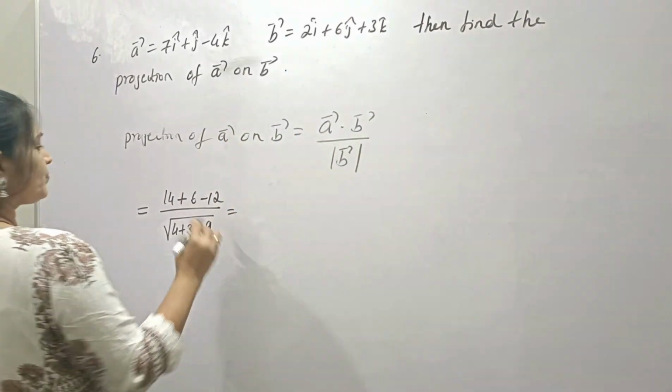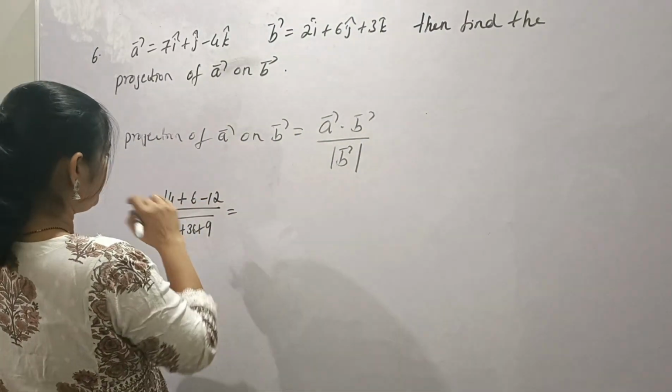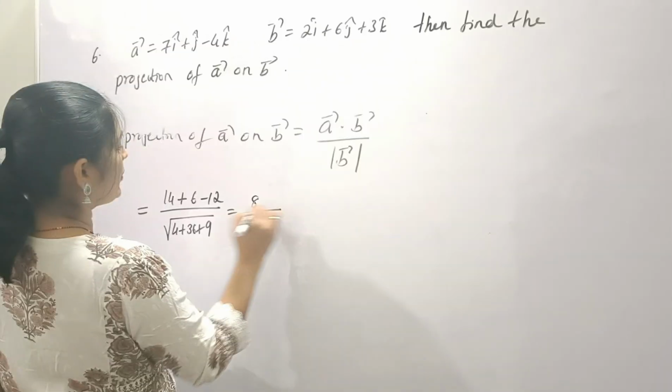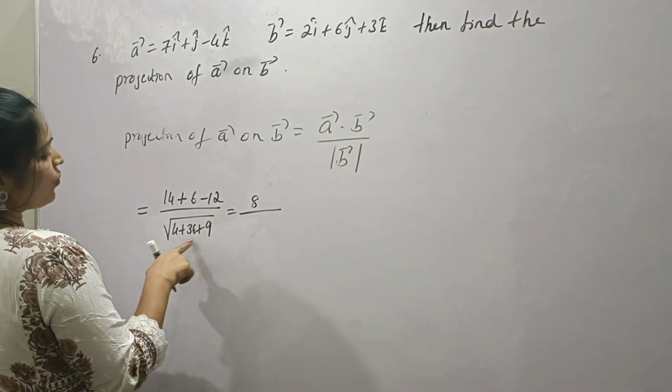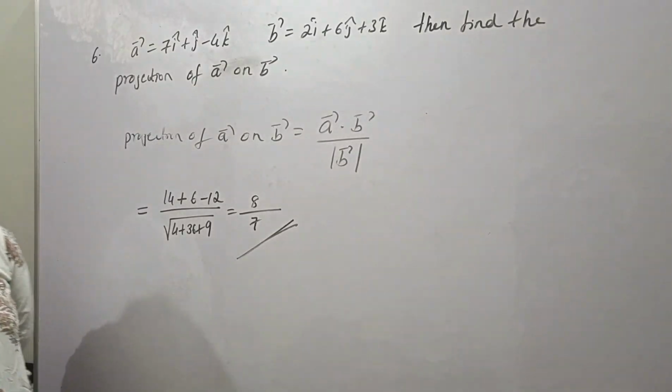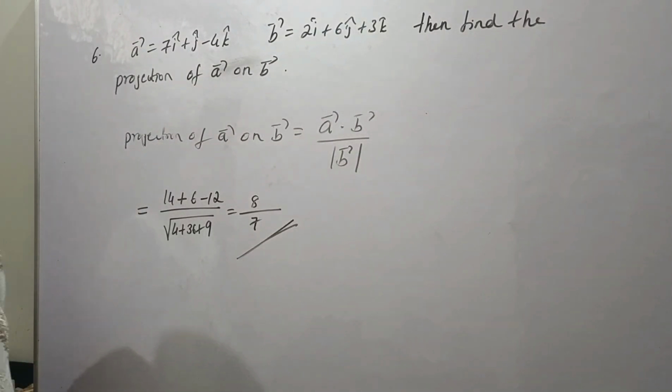That is equal to 14 minus 12, 2, 2 plus 6, 8, divided by root of 49, that is 7. So 8 by 7 is the projection of vector A on vector B.